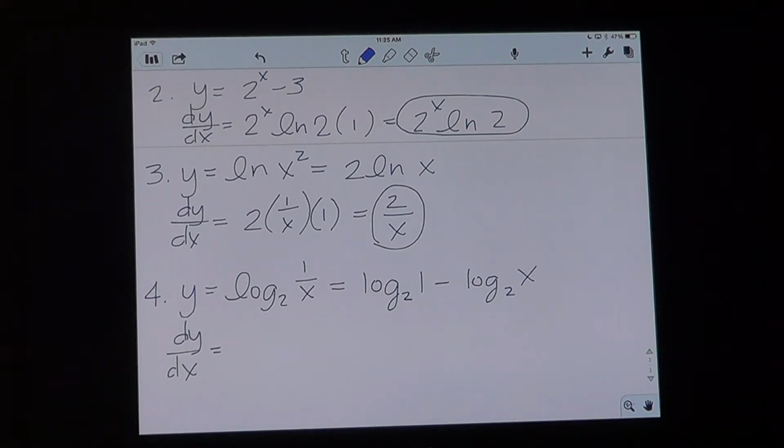1 over... 1 over what? ln of 2. Times. Yes, so really the log base 2 of 1 is a constant, right?